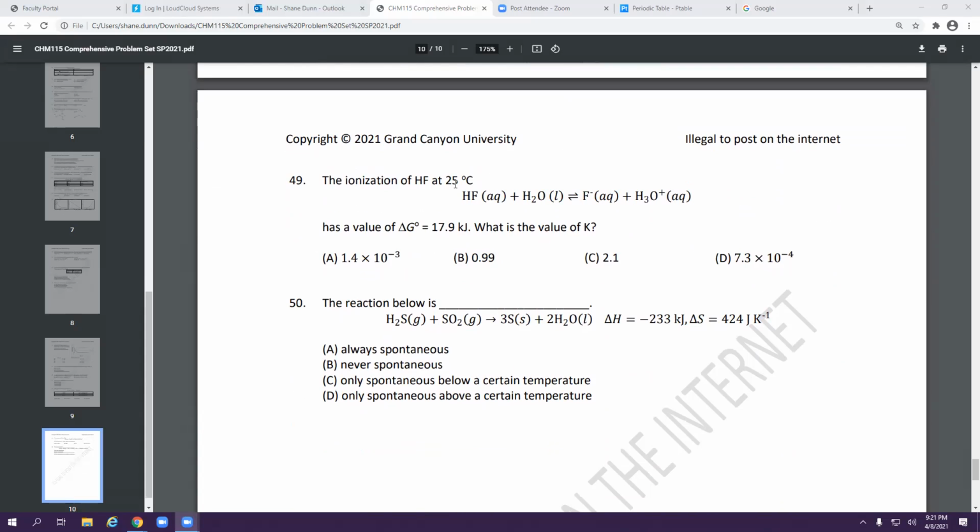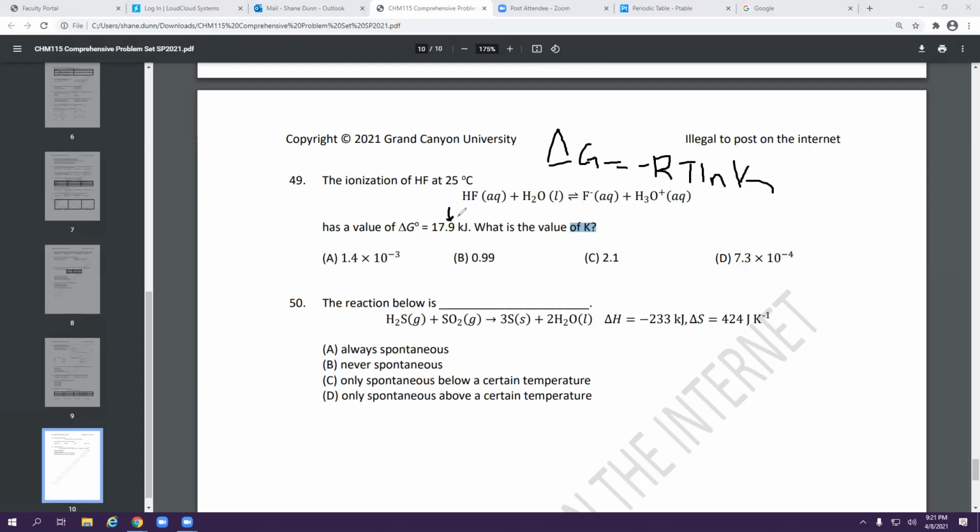So, you're given delta G, you're given temperature, and asked to find K. You're going to use delta G is equal to negative RT ln K. Problem is, this has to be converted into joules.